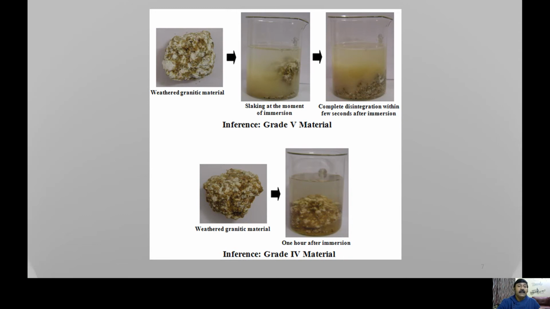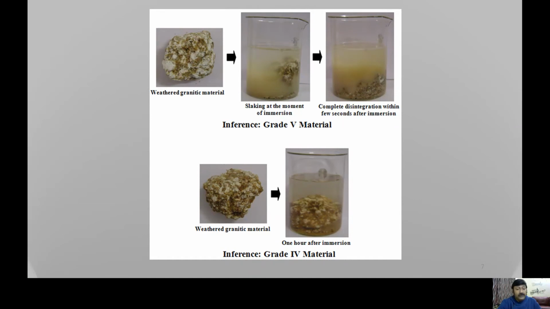For example, whether this particular rock belongs to grade 2 or grade 3, or grade 3 or grade 4. These kinds of confusions are always there, but at some grade boundaries there are specific ways to discriminate the adjacent weathering grades.